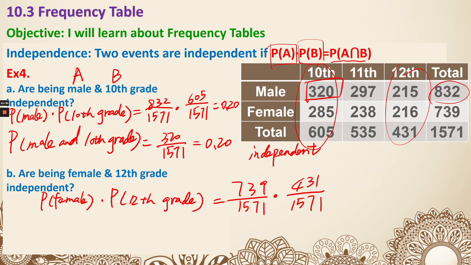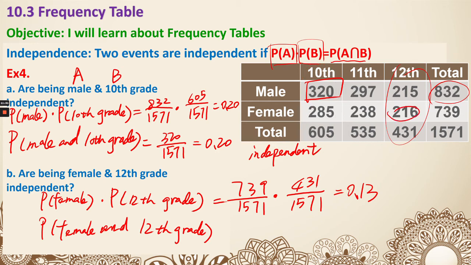That is going to give you 0.13. Now, female and 12th grade. That is going to be right here, 216 out of 1571. That is going to be 0.14.